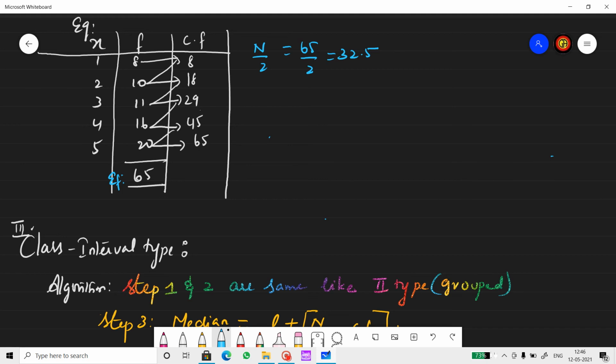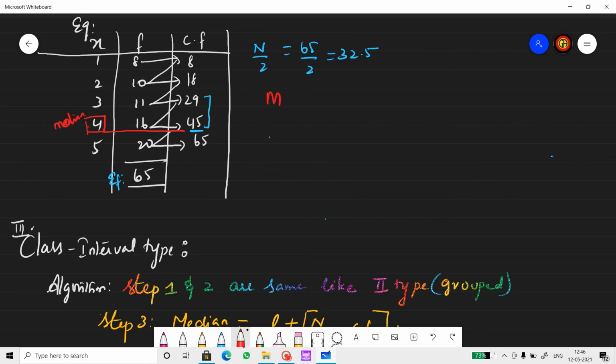Right? And now see where 32.5 lies. It lies between 29 and 45. It is after 29 but before 45. We take the greatest value, 45, and its corresponding x value. So this is the median.